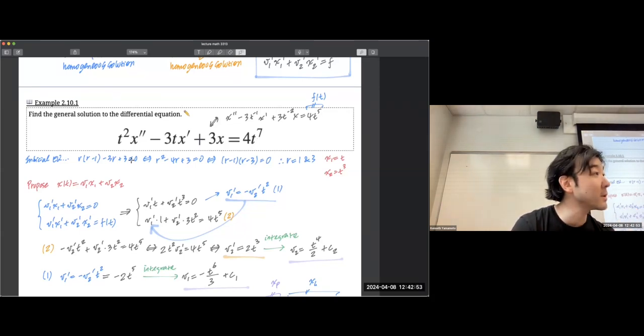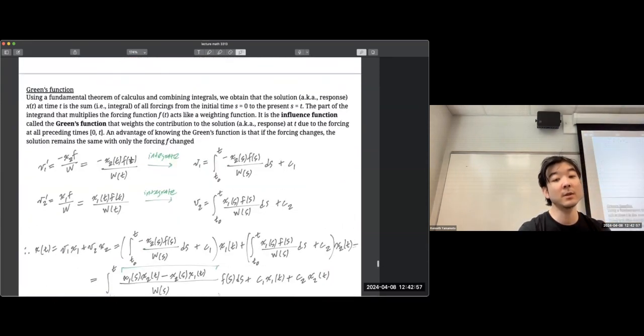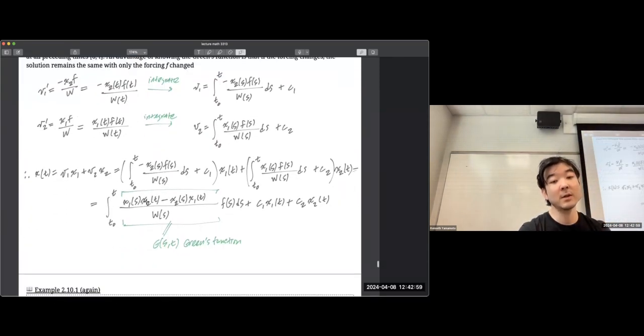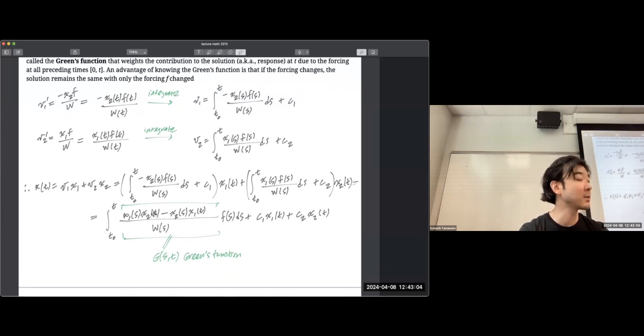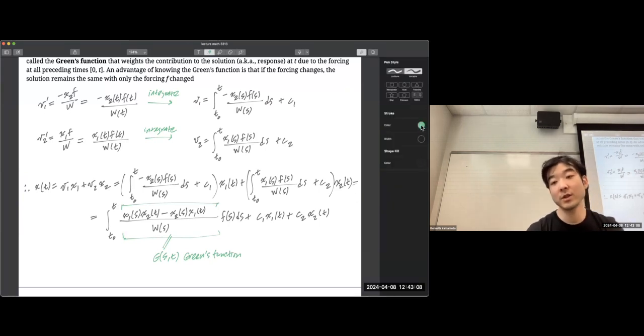Everything else is still the same. So the homogeneous solution will still be the same. So your x1 and x2 will still be the same. So your Green's function will still stay the same because your x1 and x2 and your Wronskian, which is built off of your x1 and x2 as well, are all going to stay the same, but only your forcing will change.